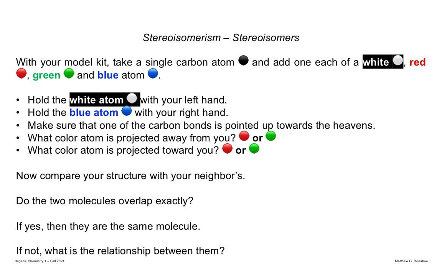And so that defines the stereogenic carbon. For the most part in this class, other atoms can be stereogenic, but we'll talk about carbon. If carbon has 4 different substituents, then it's a stereogenic center.